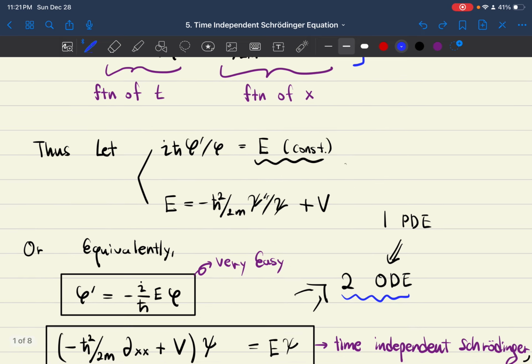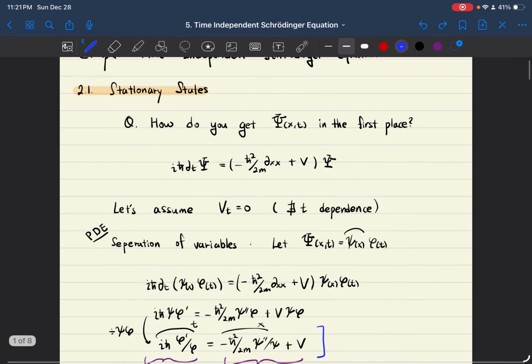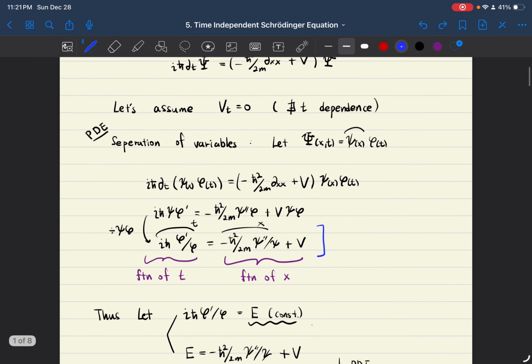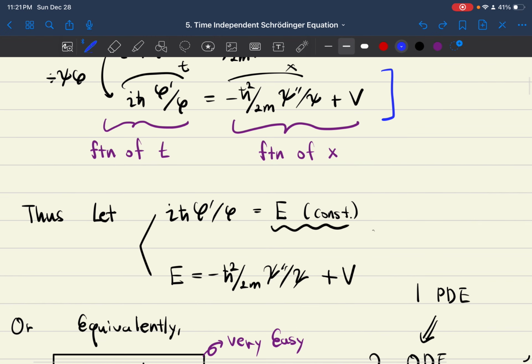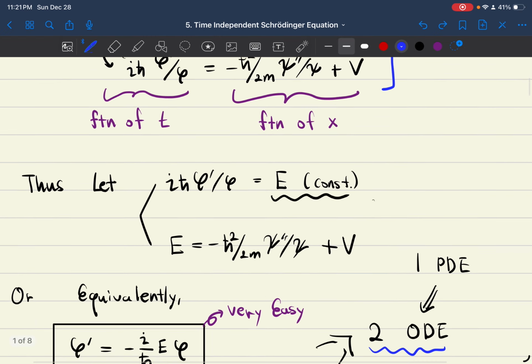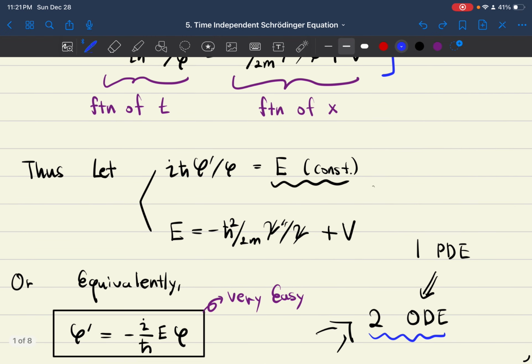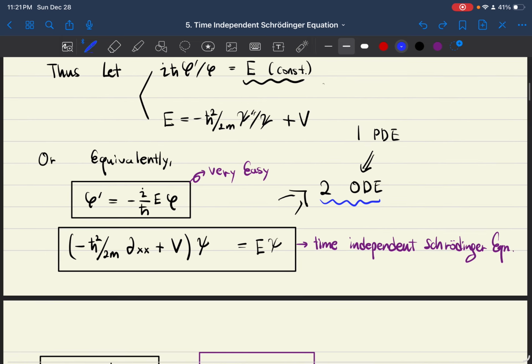Now we had one PDE, and by using this technique we've got two ODEs, which means ordinary differential equations, which are much easier to solve than partial differential equations.